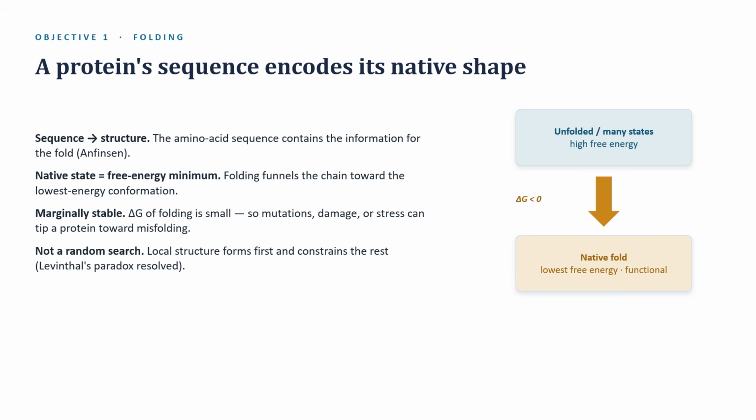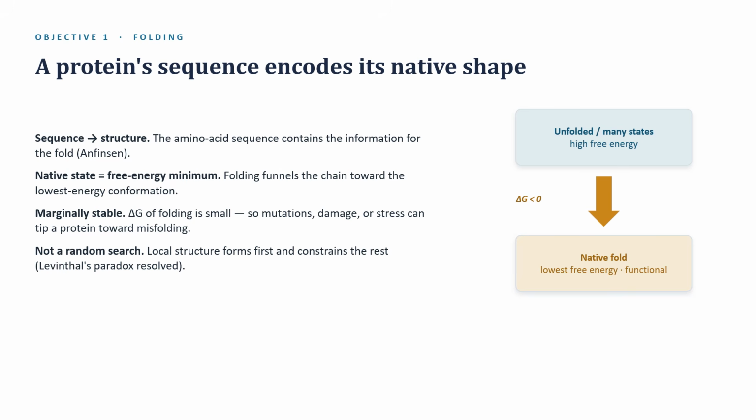So remember that, Levinthal's paradox. Local structure forms first and constrains everything that follows. On the slide, you see one clinically important nuance. The native state is only marginally more stable than the unfolded state. That small energy margin is a feature.